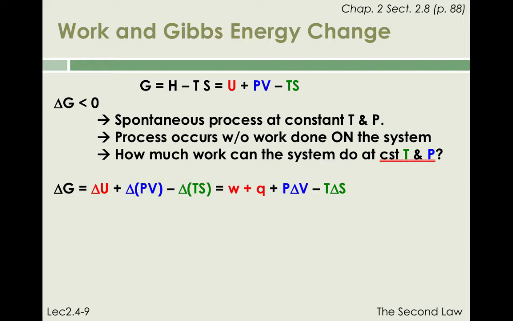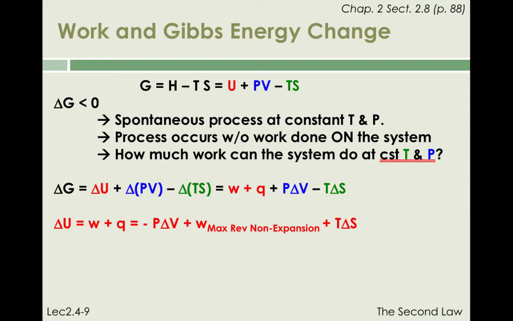We also use the first law of thermodynamics and express delta U as the sum of W plus Q, and indicate that there will be two types of work: the traditional expansion compression work and some non-expansion work, that is, work such as electrical or mechanical work we hope the system can produce.